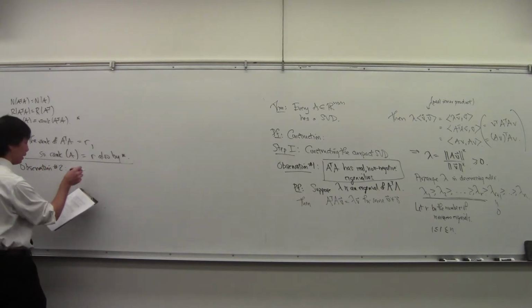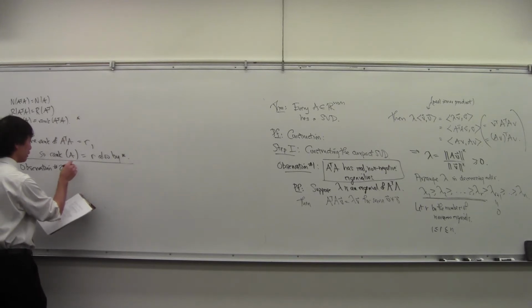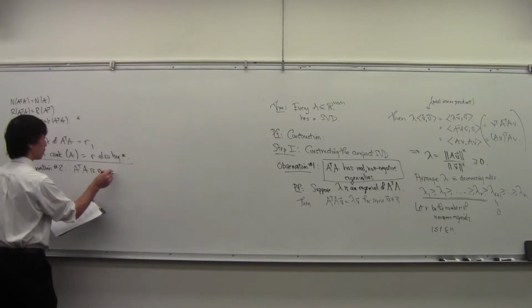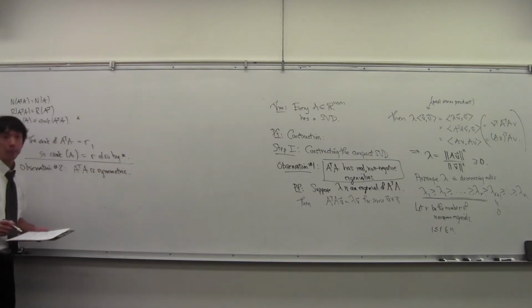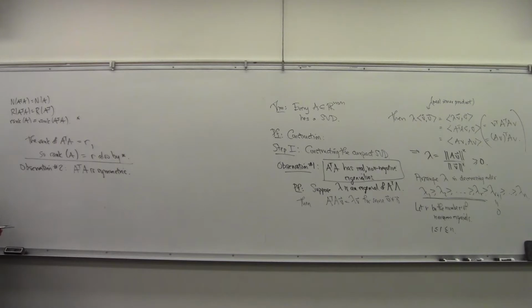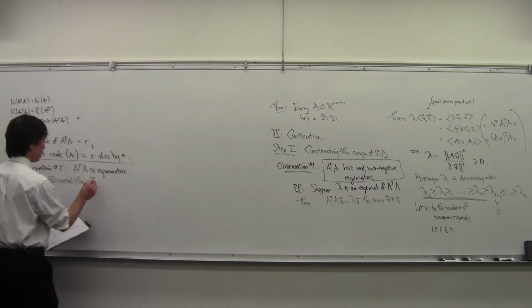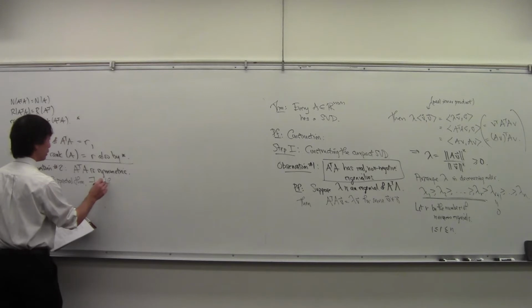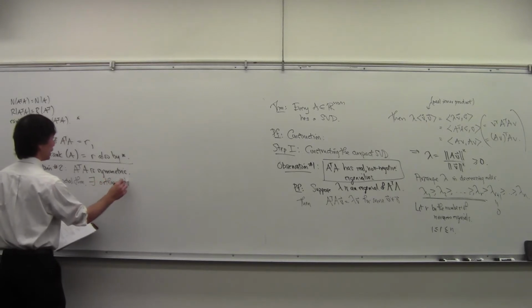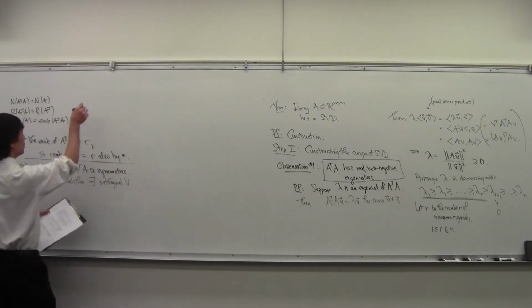Notice that A^T A is symmetric, so by the spectral theorem, we know that there exists an orthogonal V. What are the dimensions of A^T A?